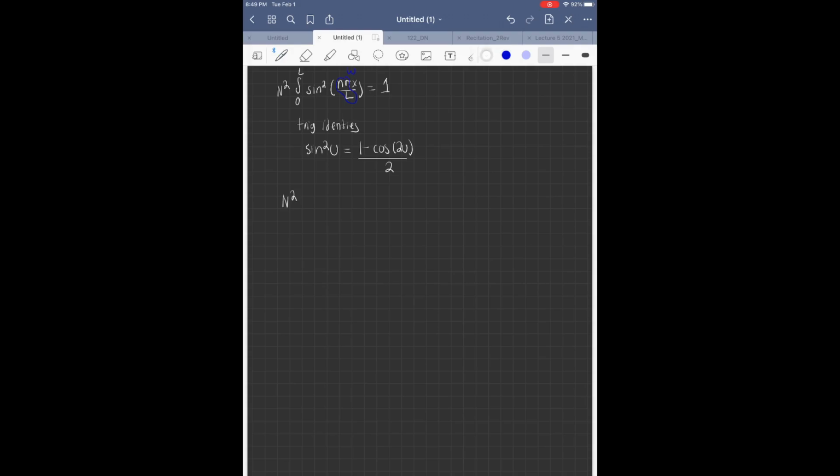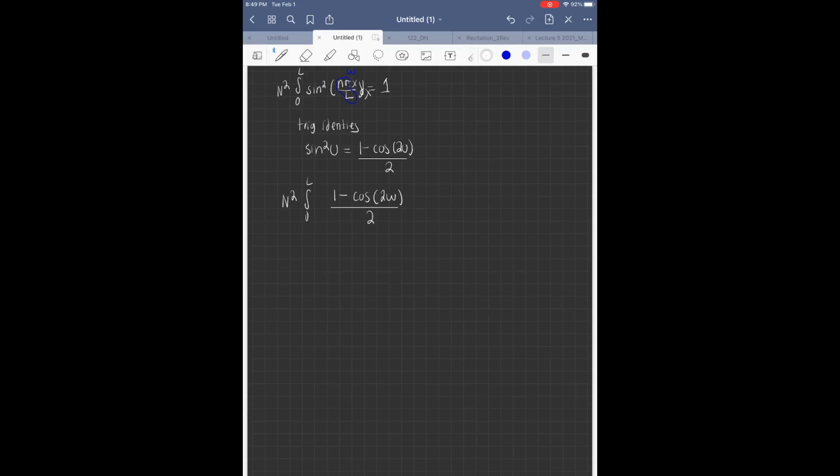So n squared, integral from 0 to L, 1 minus cosine of 2w, over 2.